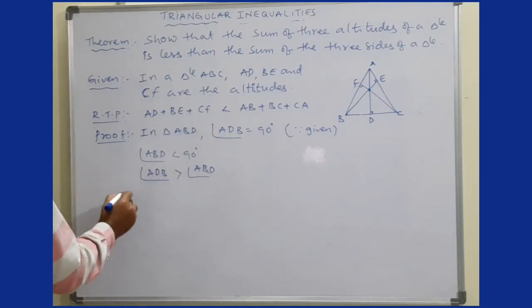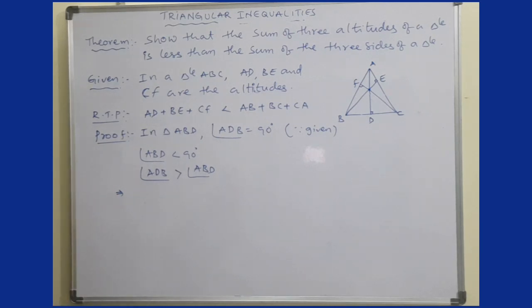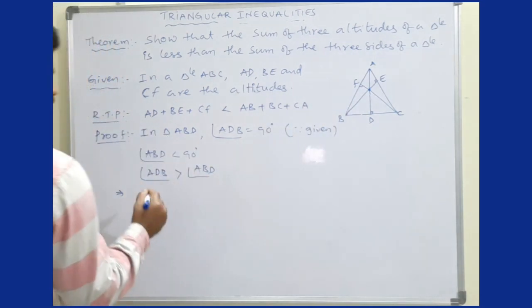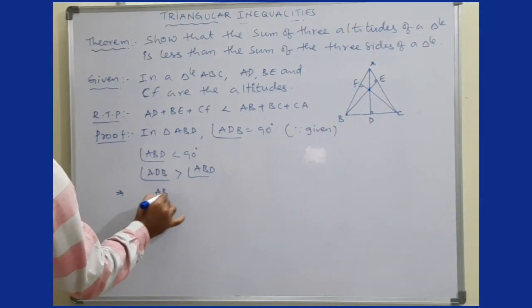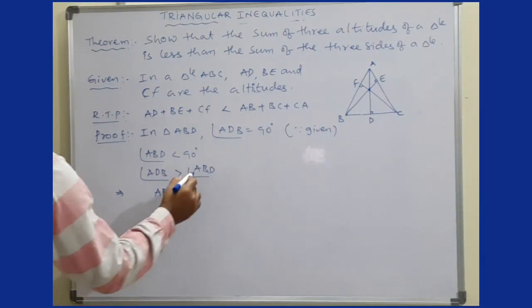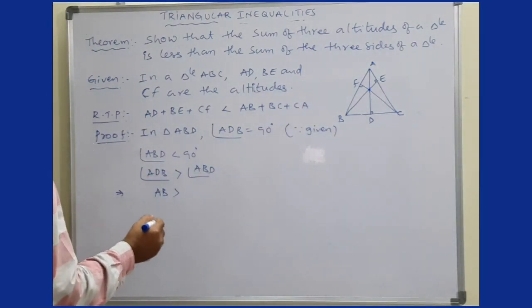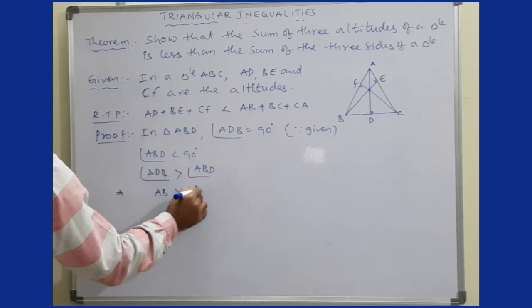So just now we proved, no? Greater angles have greater sides opposite to them. So for angle ADB, the opposite side is nothing but AB. I can say that AB is greater than AD. Why?